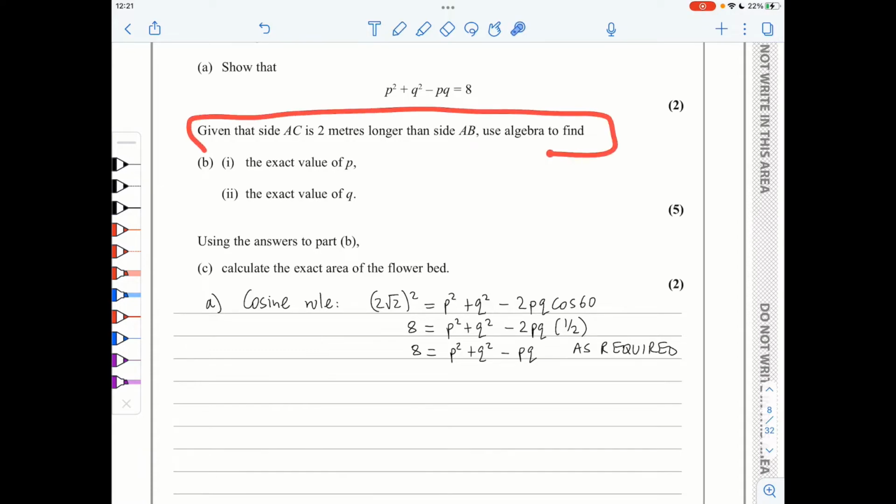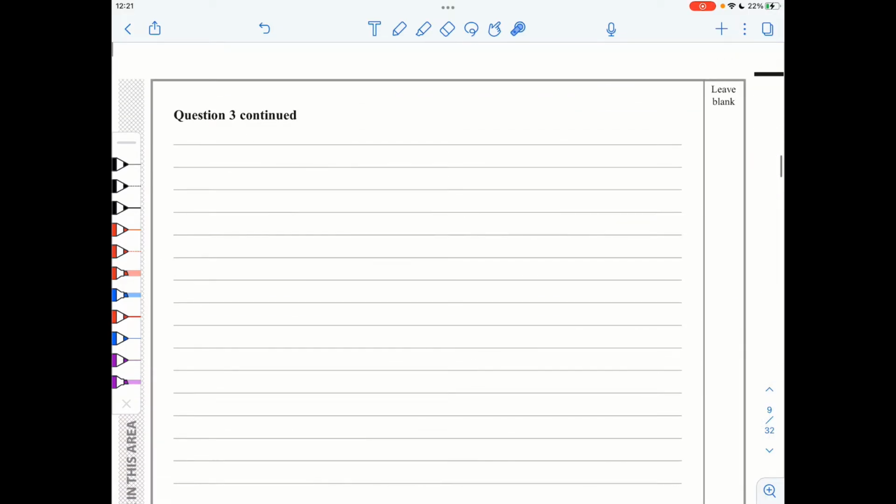Given that side AC is 2 meters longer than side AB, we need to use algebra to find the value of p and the value of q. So I'm actually being told that q is p plus 2. So I will start with this. I'm essentially looking at simultaneous equations.